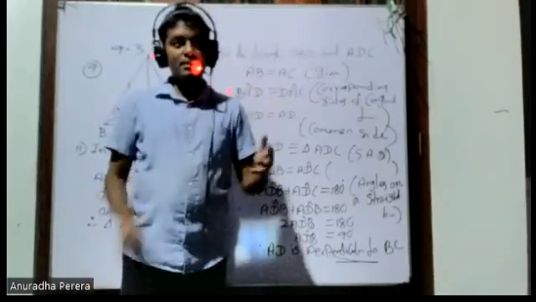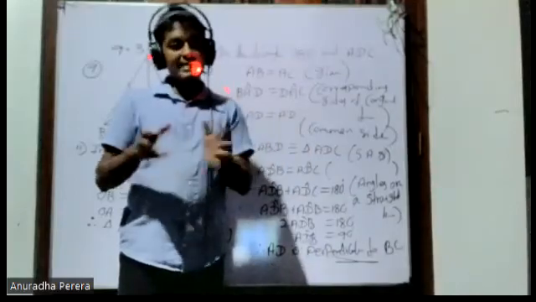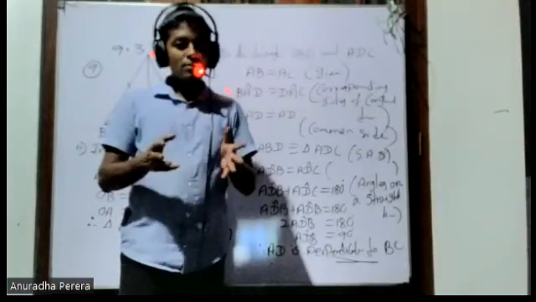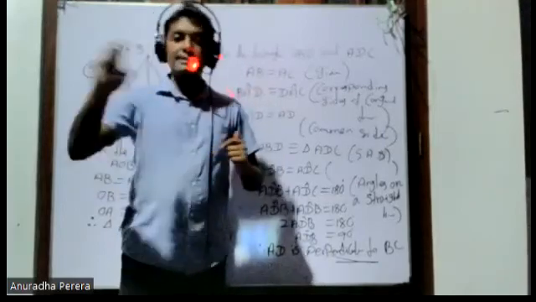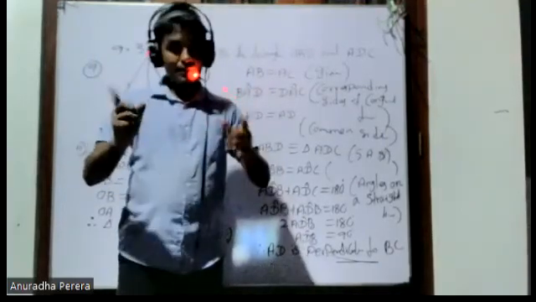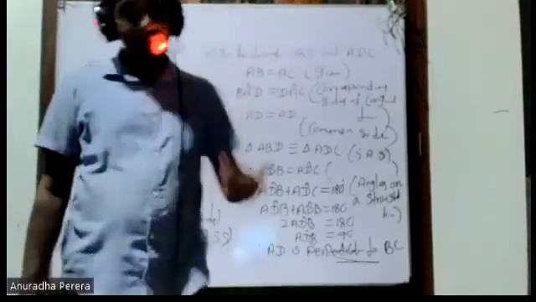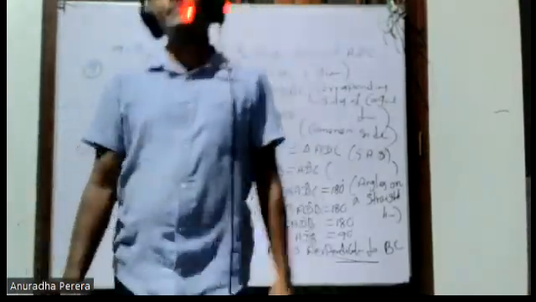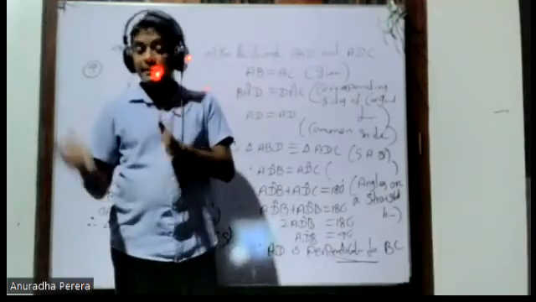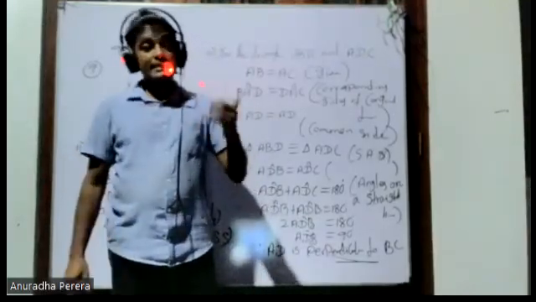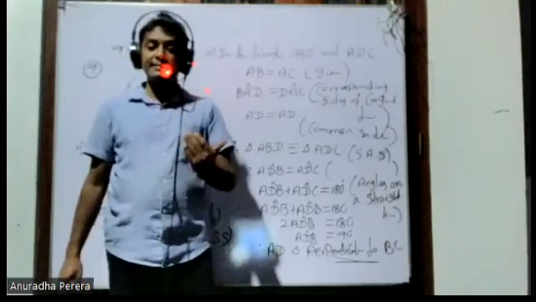For example, the price of a book is 10 rupees, the price of 5 books is 50 rupees. When the number of books increases, the price increases. That is direct proportion. Inverse proportion means when one quantity increases, the other decreases, or when one decreases, the other increases.